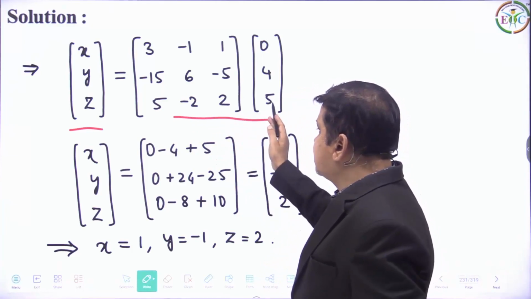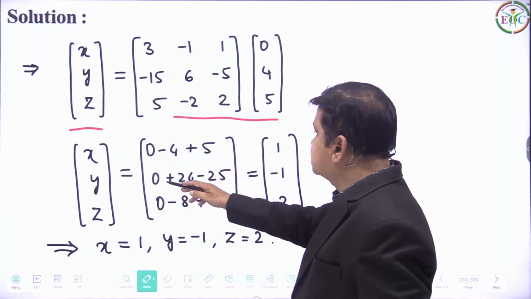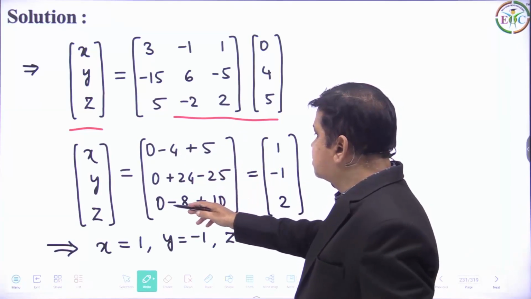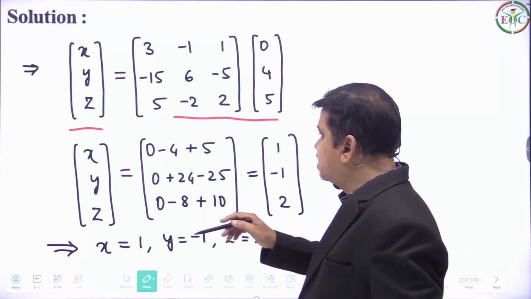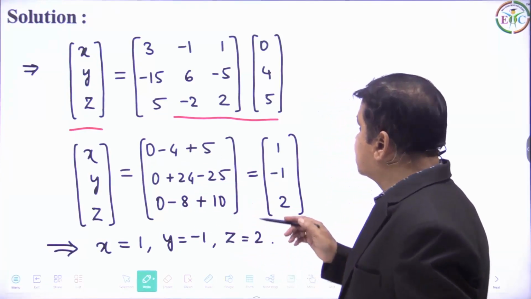By matrix multiplication of these two, we have 0 minus 4 plus 5, 0 plus 24 minus 25, and 0 minus 8 plus 10 as the first row, second row and third row elements.